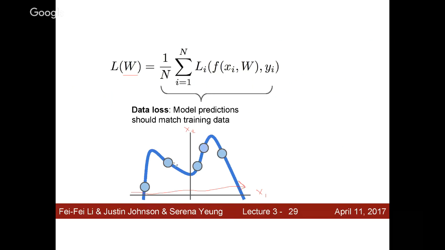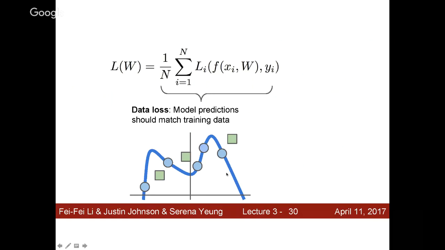Basically, this is some type of high order polynomial that can do that. But we wouldn't say this is very good, because although we're getting all of these dots correctly predicted, we don't think this looks like the general case of what's going on. So we can get a model, a W, that represents a 0 loss. This is a 0 loss case because the blue line exactly goes through all of the examples that we want.